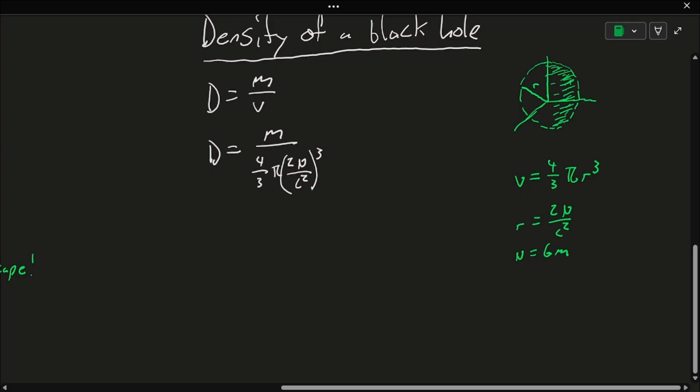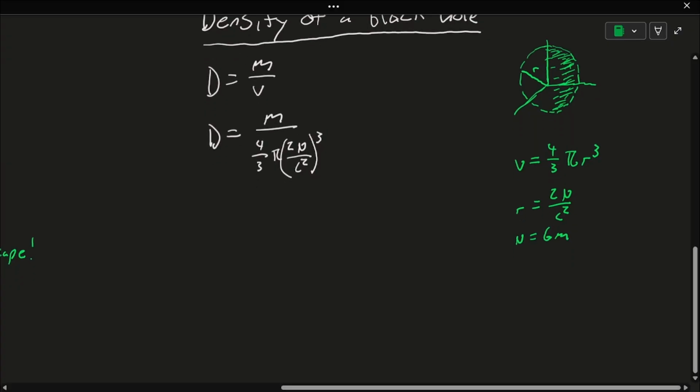Now, our final equation, fingers crossed, should be density in terms of radius. So we want to make a black hole of a certain scale, if you will, and this equation will then say the density necessary, the minimum density necessary, I should say.